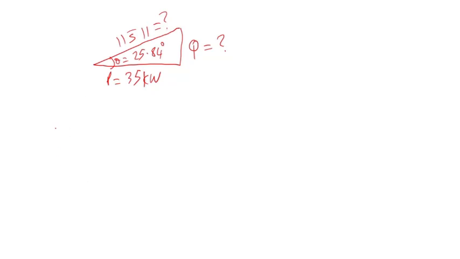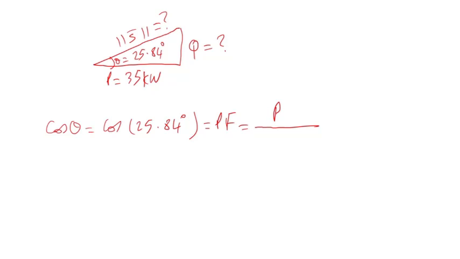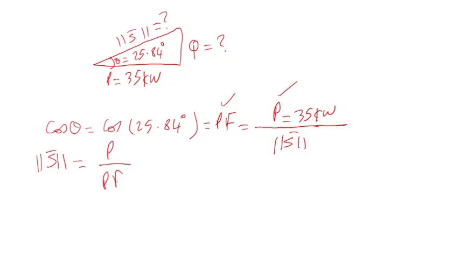So again, cosine theta, which is cosine 25.84 degrees, is equal to the power factor given in the problem, is equal to P, which is 35 kilowatt, divided by S. So I know the power factor, I know P, I can calculate S. So S is equal to P divided by power factor.